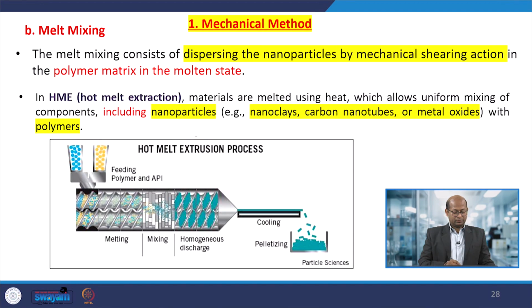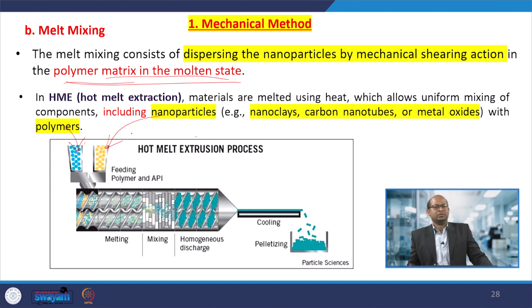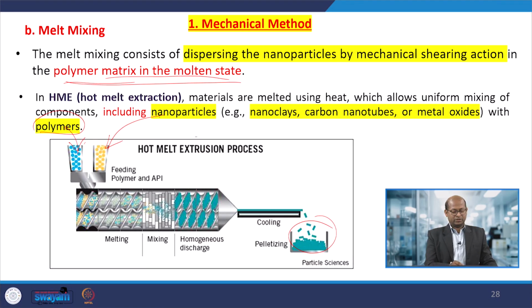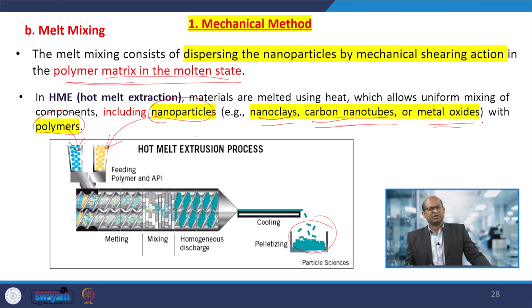Okay. So here in melt mixing, there is some polymer matrix formation. Suppose we are using polymers and nanoparticles. With the polymers, some nanoparticles are also mixed, and then we can get the mixed materials. The nanoparticles may be nanoclay, nanotubes, or any metal oxides or metal sulfides, any materials that we want to mix up or distribute in the polymers depending upon applications.